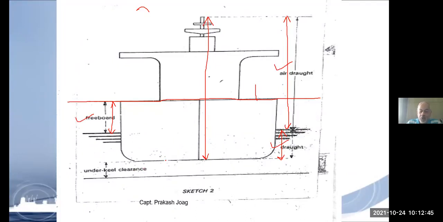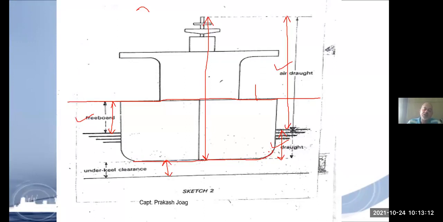And the fourth one, which becomes very, very important, is under keel clearance, or UKC. In shipping it is known as UKC for short. The last plate, the bottommost plate of the ship, is called the keel of the ship.